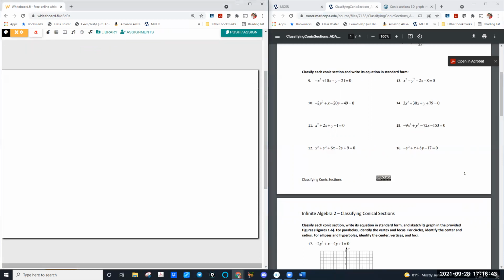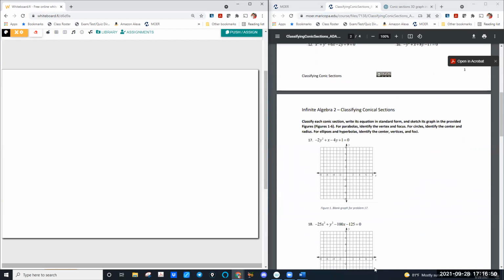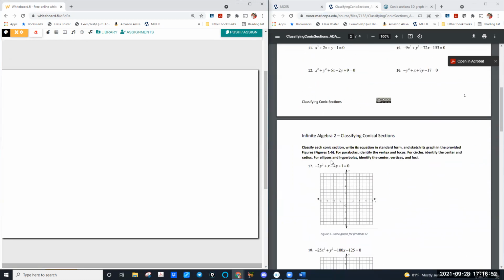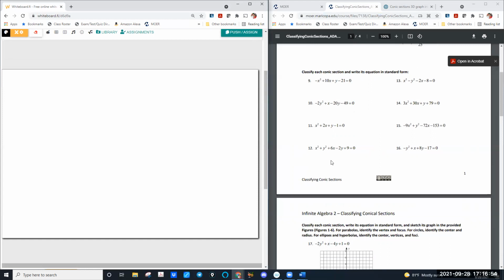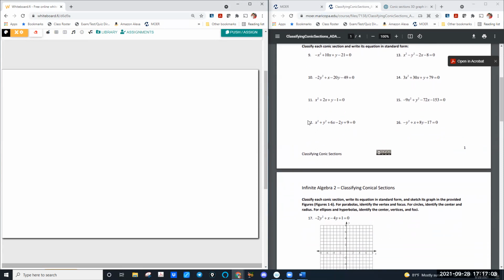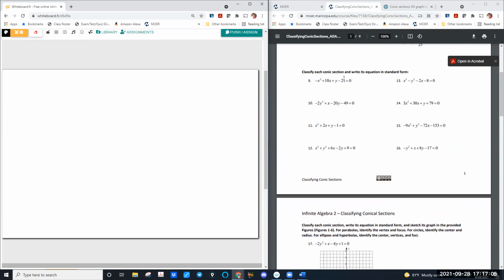All right. Because they all have, you know, we've noticed there's a lot of overlap. So what we're going to do is we're going to do a couple of them together from this section. And I'm going to have you try some from 17 through 22. Because there's a couple reasons I want you to do it. Number one is obviously for a little bit of practice on how to use the formulas. Number two, one of the things that's going to be needed is to write these conics in standard form.